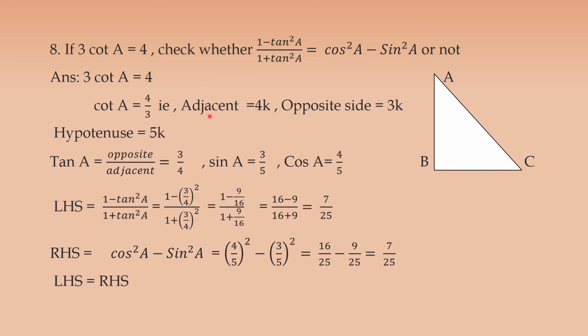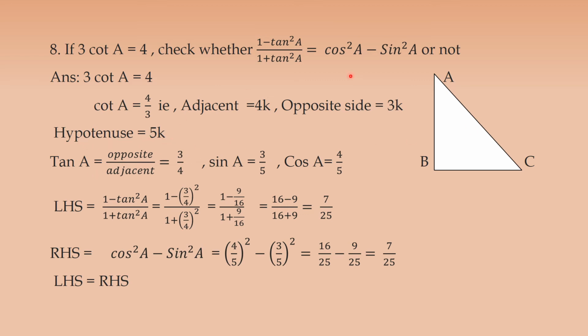That means adjacent to A is equal to 4k, and opposite to A will be 3k. We can find the hypotenuse with the help of Pythagoras property: 4k whole square plus 3k whole square is equal to 16k square plus 9k square equal to 25k square, and therefore hypotenuse AC will be 5k.